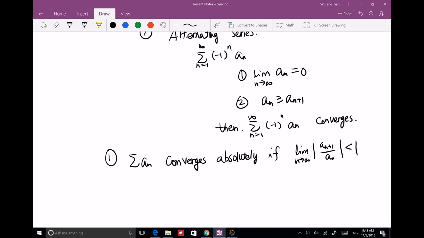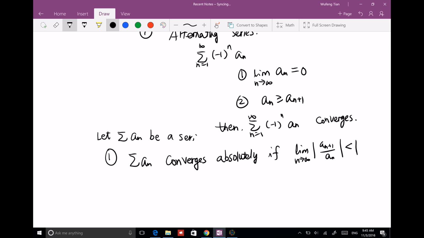The next term over the previous term is always decreasing and is less than 1. And a_n can't be 0, right? If it is 0, you cannot divide anymore. So a_n is a series with non-zero terms.